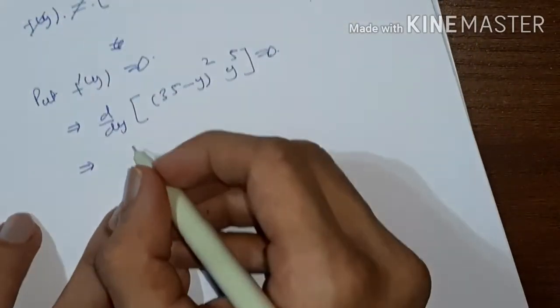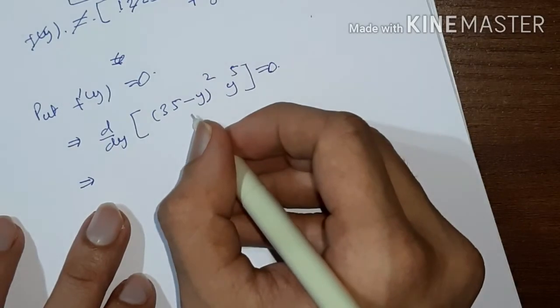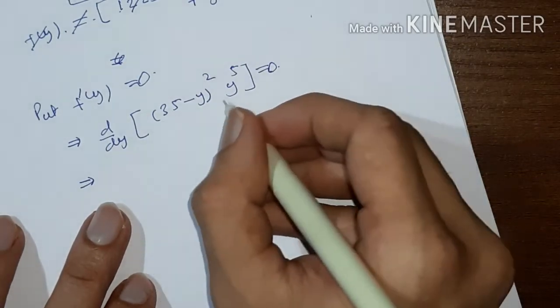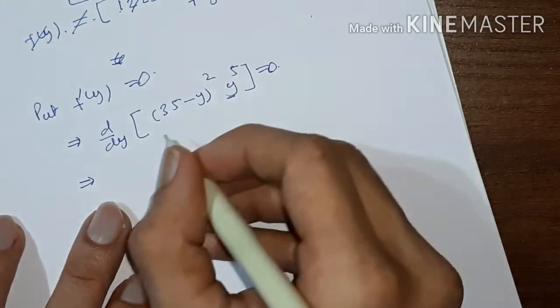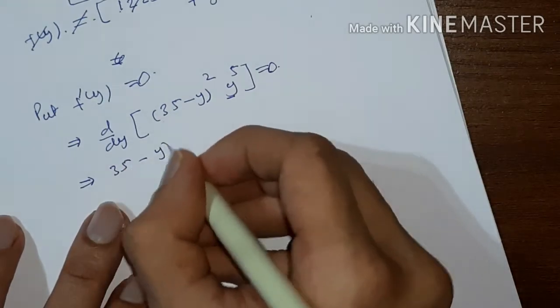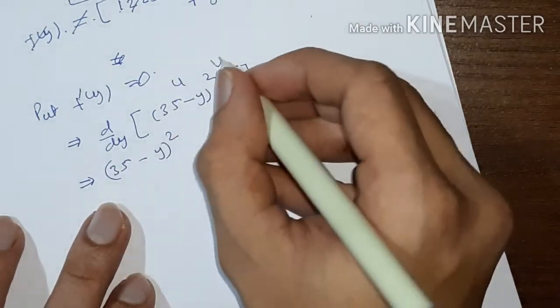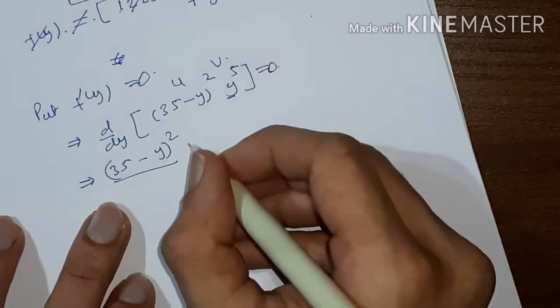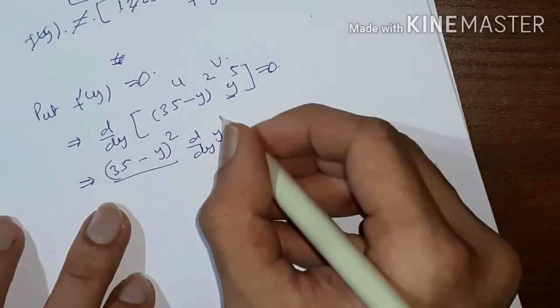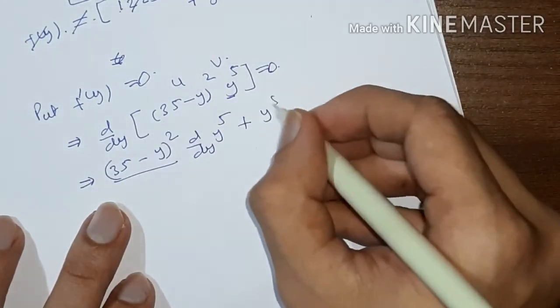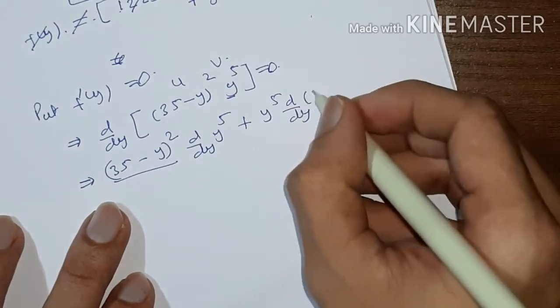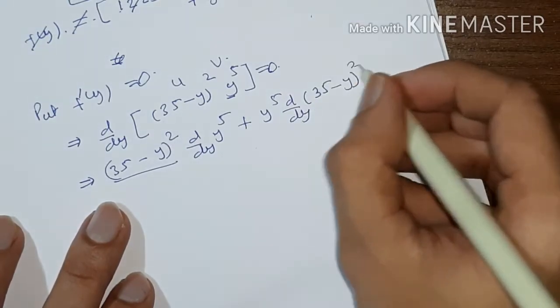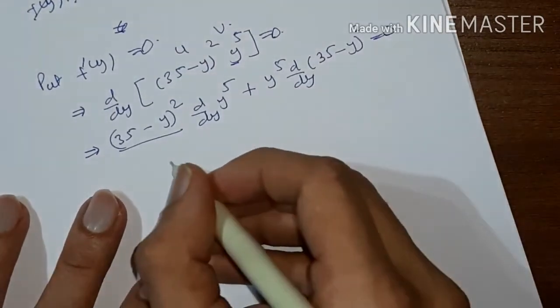So now that will be what? Derivative of this: 35 minus y the whole square, the uv rule, right? So u multiplied by derivative of v plus v multiplied by derivative of u equal to 0, right?